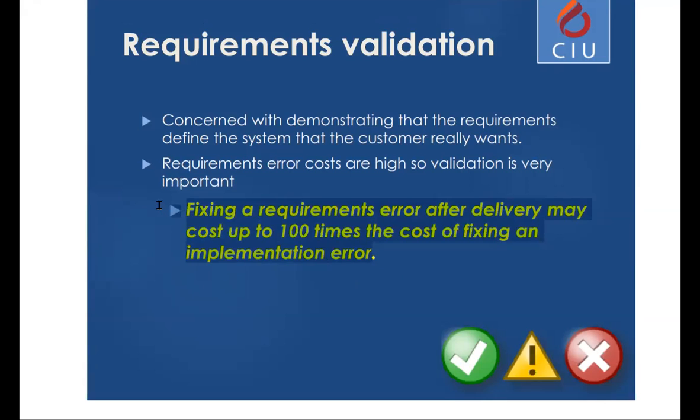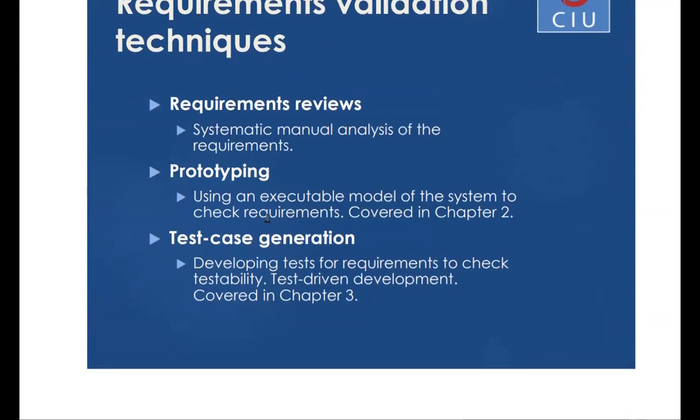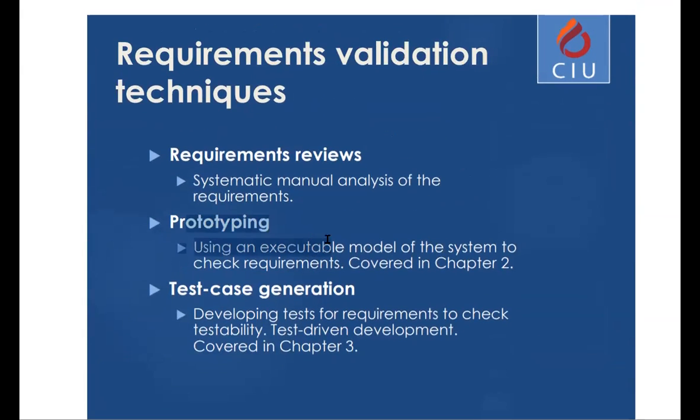Like I said, a good strategy here is using prototyping. Using executable models of the system is a good strategy to make sure that the requirements are validated. We discussed prototyping before. Another strategy arises from Agile. Do you remember test-driven development? That is also a strategy.